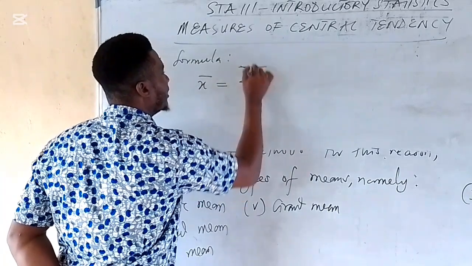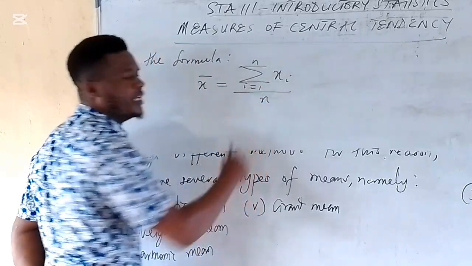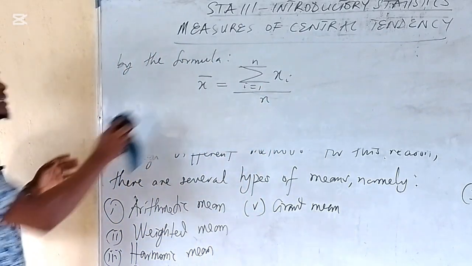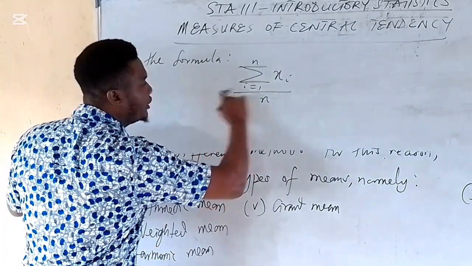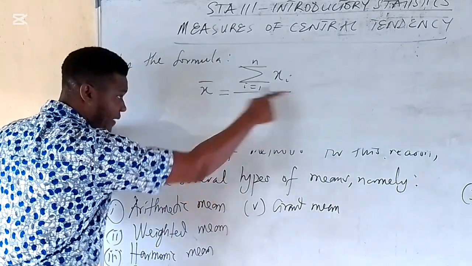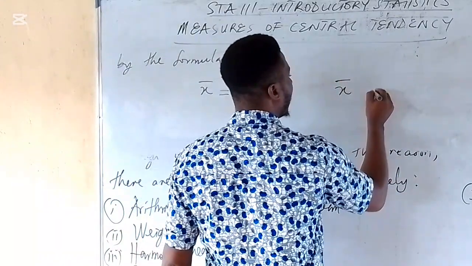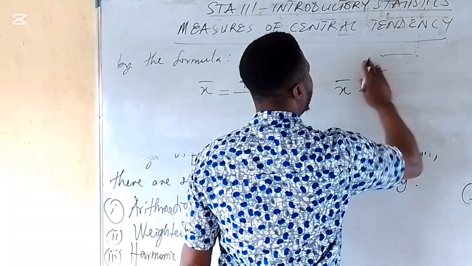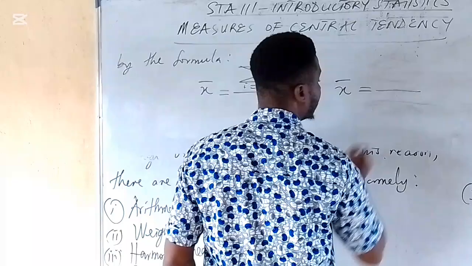Read that formula for me. Then please take note, your equal to should be on the dividing line. Don't write like this, please. X bar equals, you now put this over n. Your line should be on that equal to.